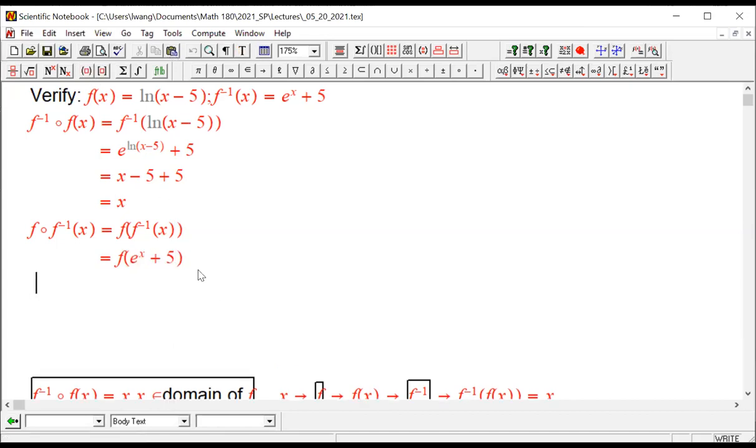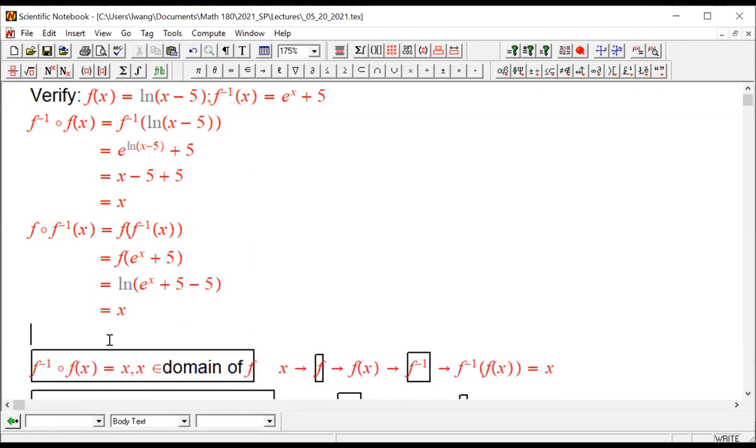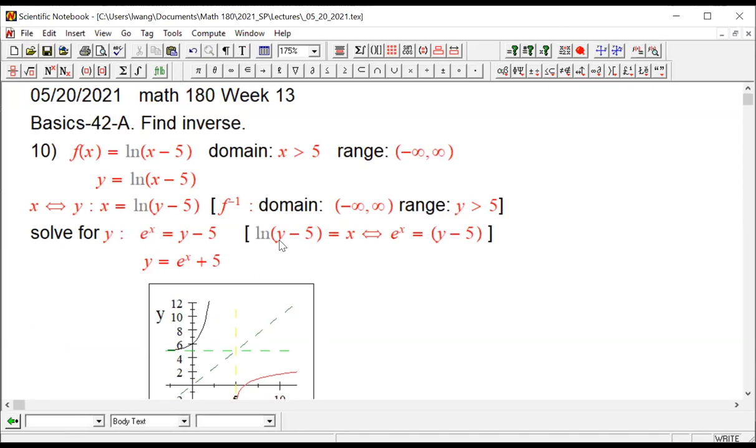And then we have ln of e to the power of x minus 5, which is going to equal x. Okay, so that's verified.